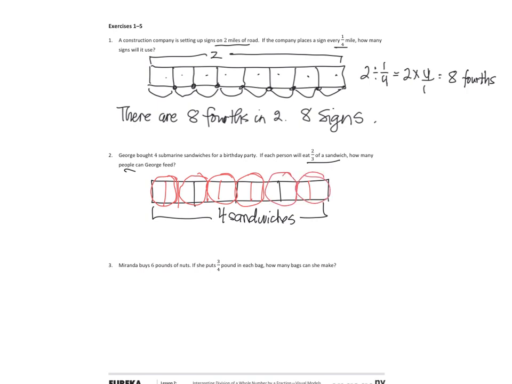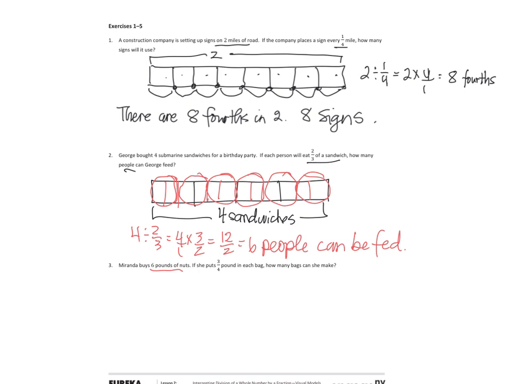So now I'm going to figure this out mathematically. I had a total of 4, and I divided it by 2/3, which is 4 times 3/2, which is 12 over 2, which is 6. And so 6 people can be fed. Got it.